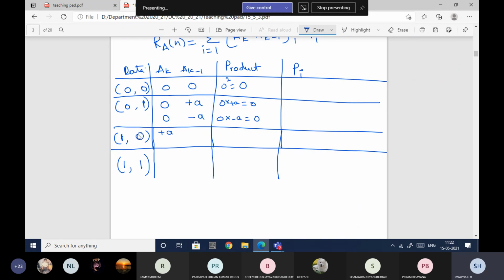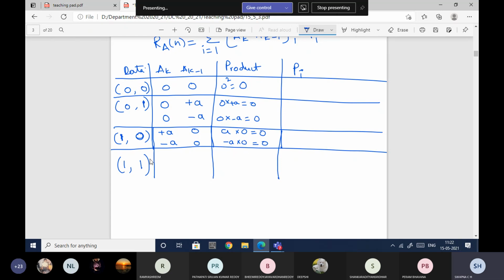Okay, so the other one is 0. So this will be 0. The 1 can be, first initially I have taken plus a, so it can be minus a also. Okay, so minus a 0. Okay, so it will be plus a into 0, which will be equal to 0, minus a into 0, it will be equal to 0. Okay, anybody have doubts here? Anybody have got doubts here?